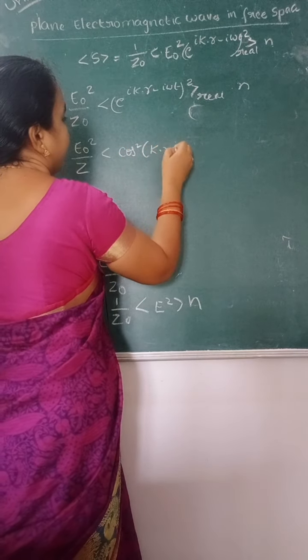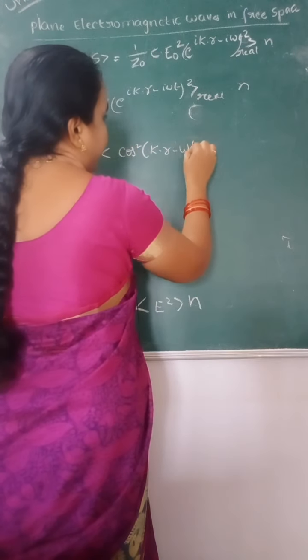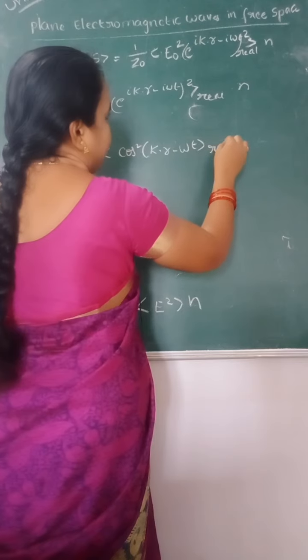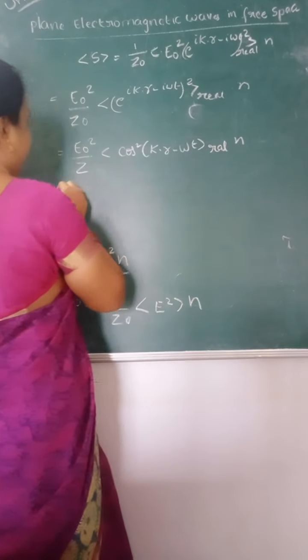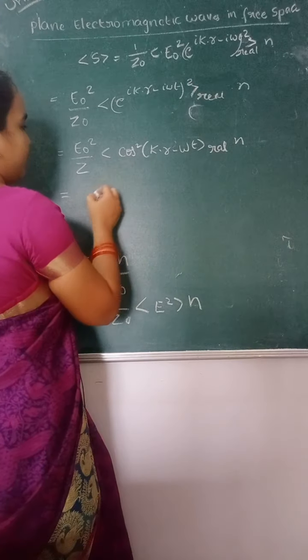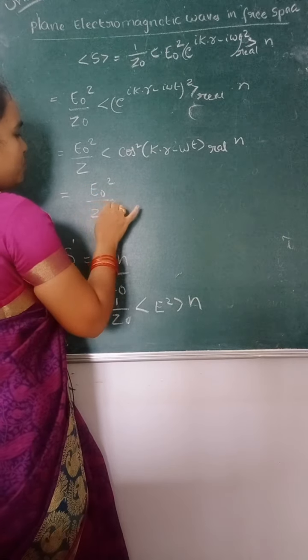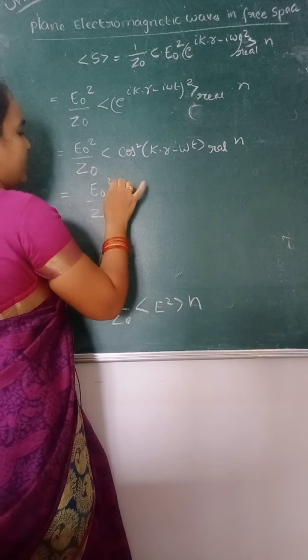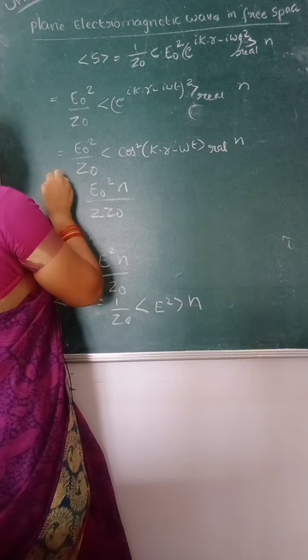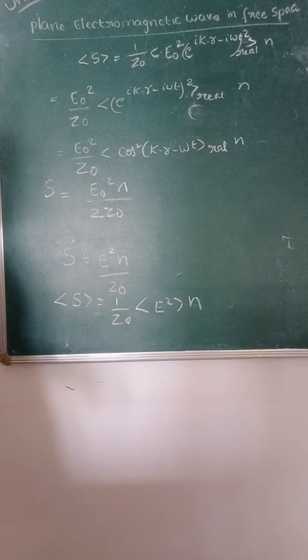The average value of cos square is 1 by 2. So E naught square by 2 Z naught into N is the energy flowing per unit area.